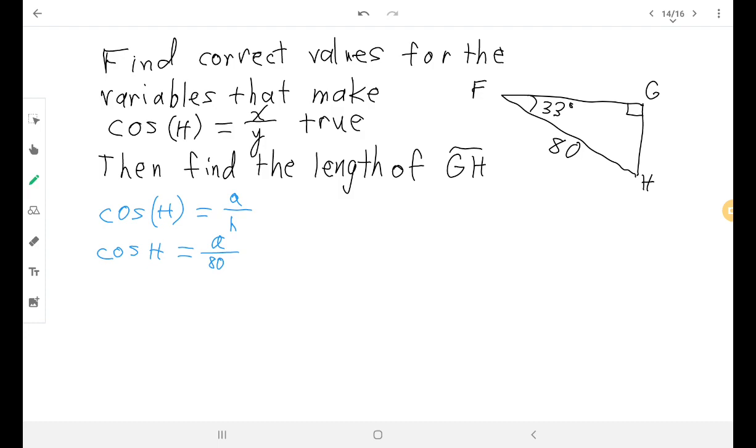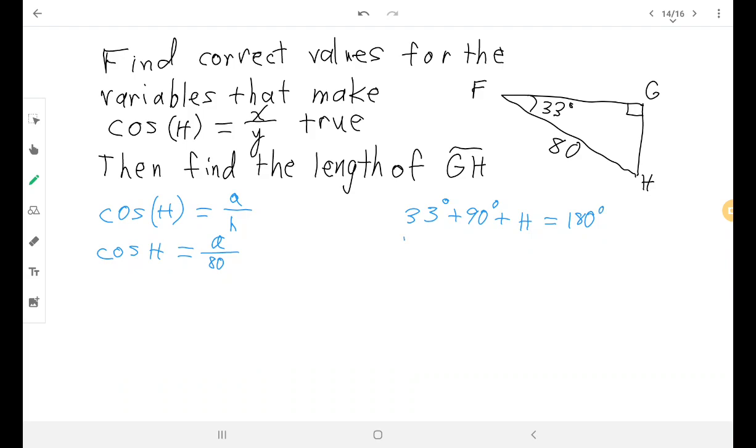Now, I can figure out what the measure of angle H is, right? Because 33 degrees plus 90 degrees, that's this one here, plus whatever angle H is, equals 180 degrees.